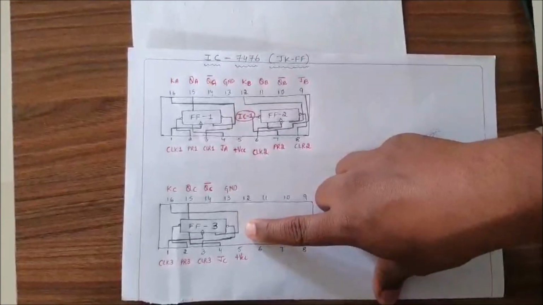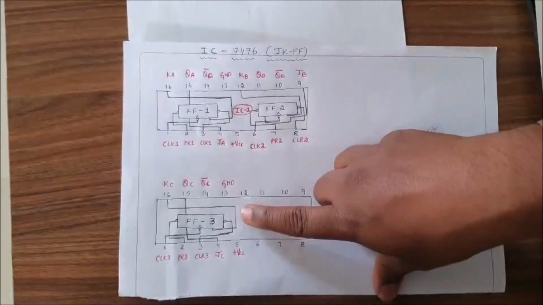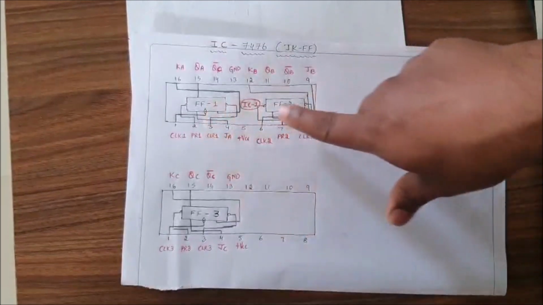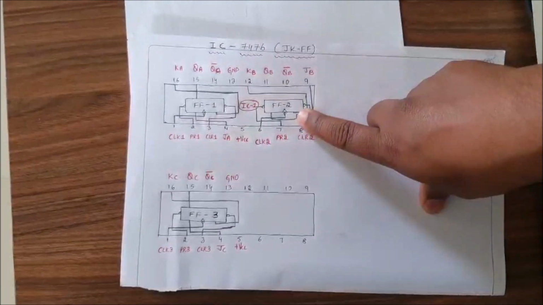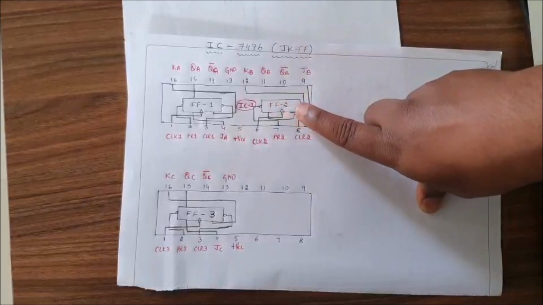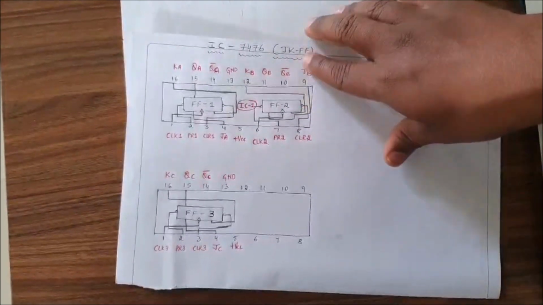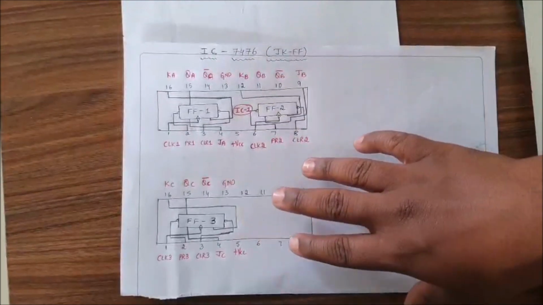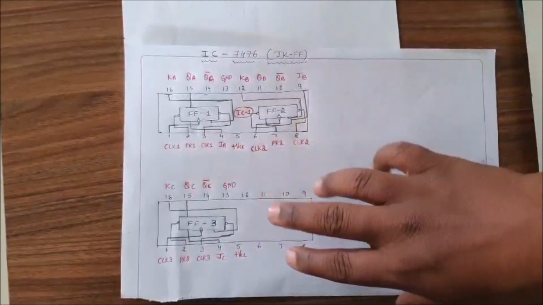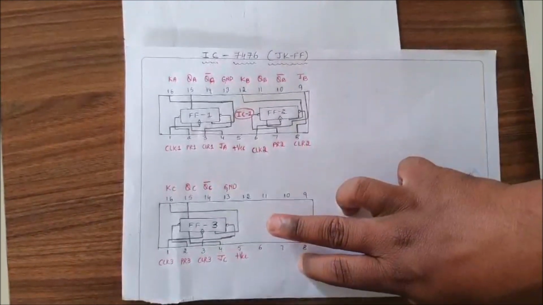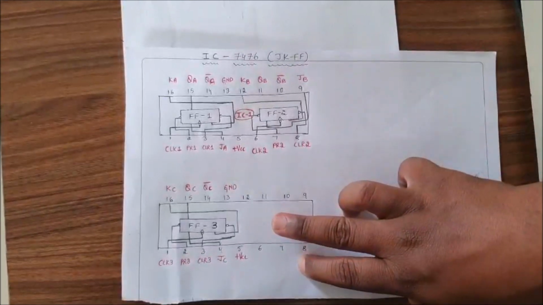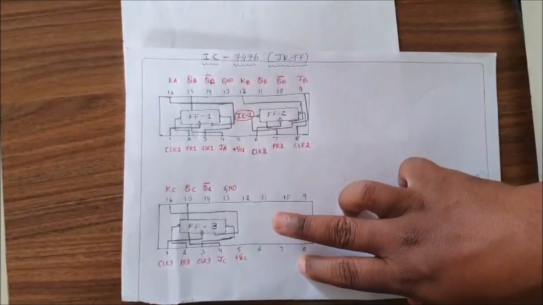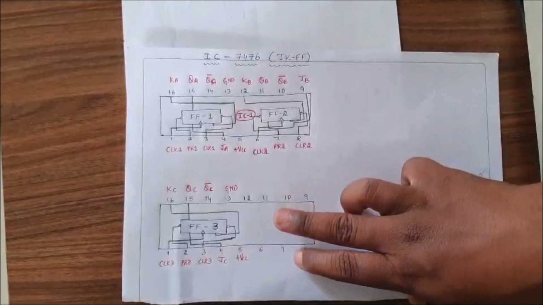Coming to the third flip-flop, it comes under the second IC, because in a single IC we can consider only 2 flip-flops. For the mod 5 synchronous up counter, we need 3 flip-flops, so the third flip-flop will be considered in the second IC. The second IC is also 7476, which we are using in this experiment.